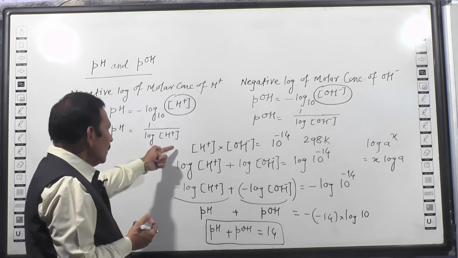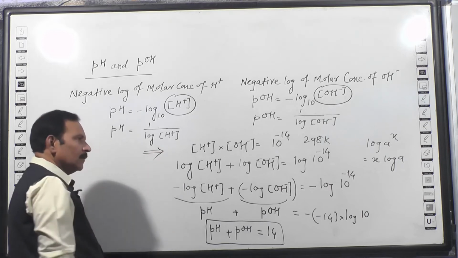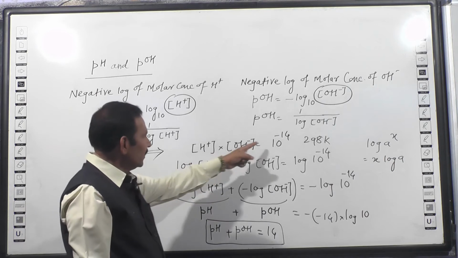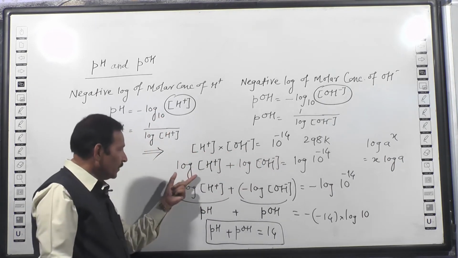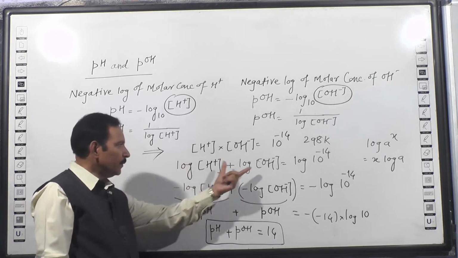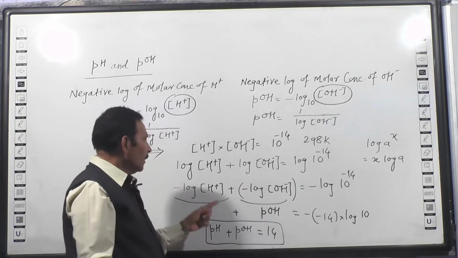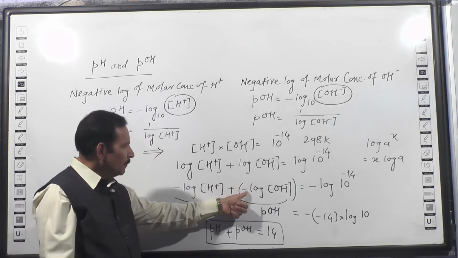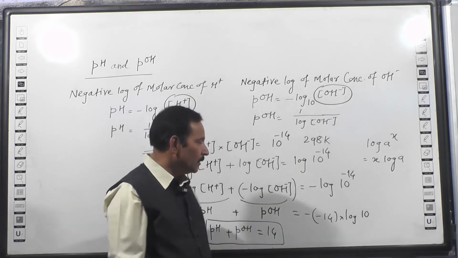So this point, once again, for your understanding: the ionic product of water is given by this formula. Apply log on both sides of the equation, we get log of H plus, log of OH minus, log of 10 to the power minus 14. Multiply by minus 1 to all terms: minus log H plus minus log OH minus equal to minus log 10 to the power minus 14.